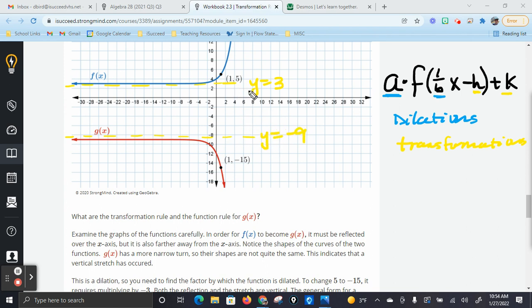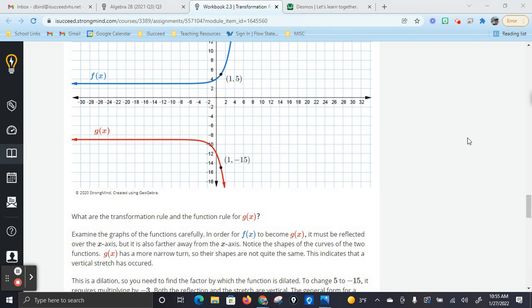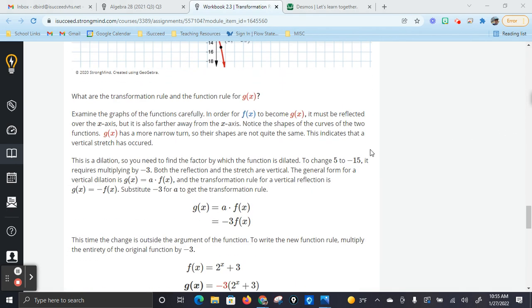So the same stretch that is happening from my y value of 5 to be a y value of -15, that same exact rule needs to apply from my asymptote of y equaling 3 to y equaling -9. So if we just think about how those are being stretched, we can see that the a value would be a -3.